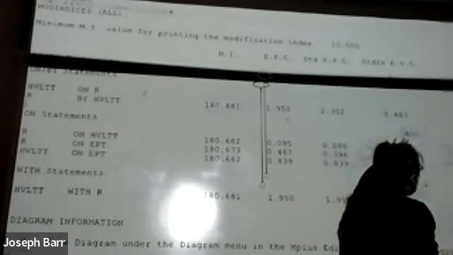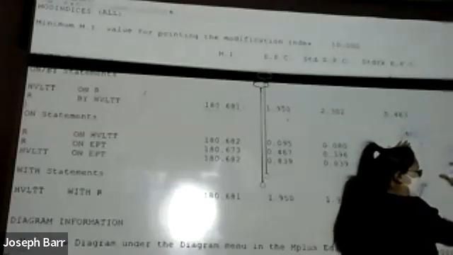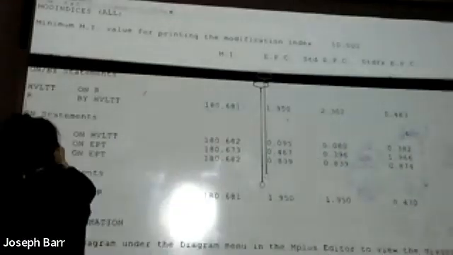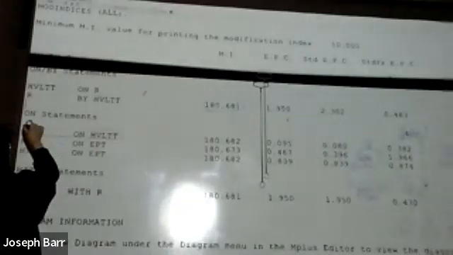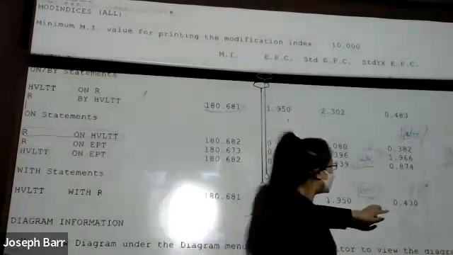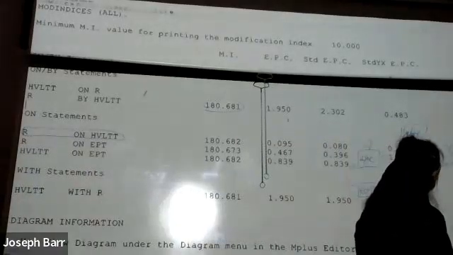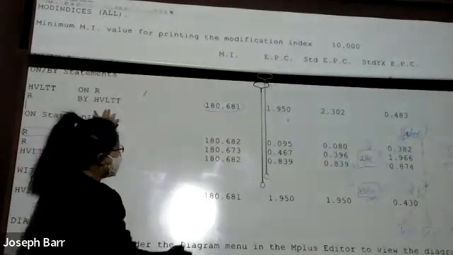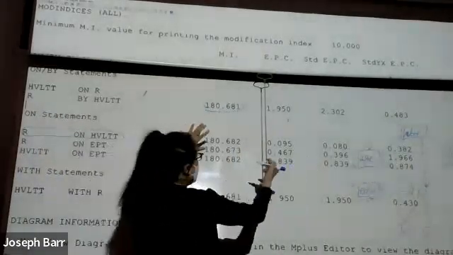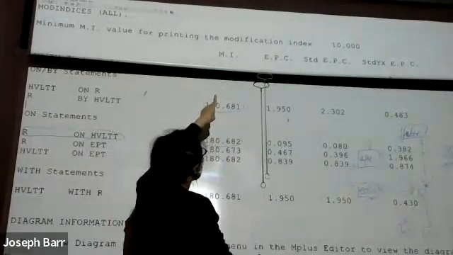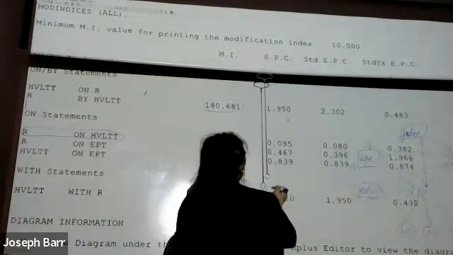So people's memory ability is going to influence people's reasoning ability. This is the meaning of this statement: R on HVLTT. This makes sense. Because it's the same path but in a different direction, the change of the model modification indexes is the same.